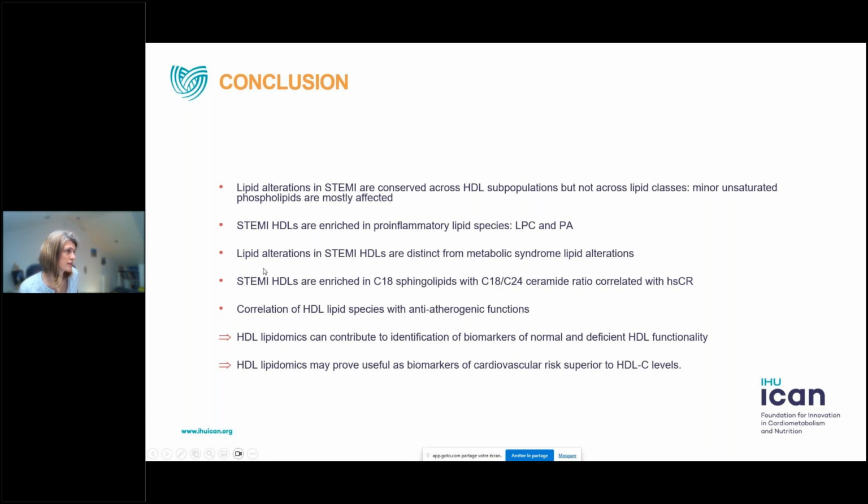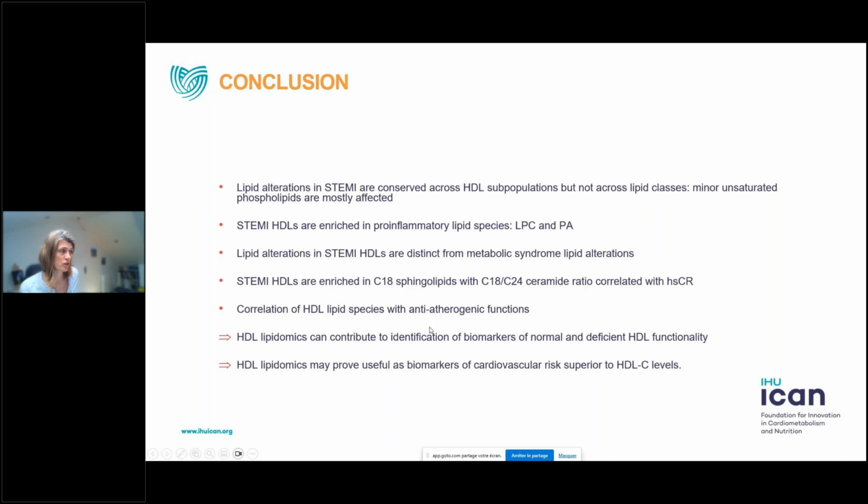Lipid alterations in STEMI were distinct from metabolic syndrome alterations. We've also shown that STEMI HDLs were enriched in long-chain ceramides, and that this ratio of long-chain versus very long chains was correlated with inflammation. And finally, we've seen that some HDL lipid species were correlated with anti-atherogenic functions of this HDL.